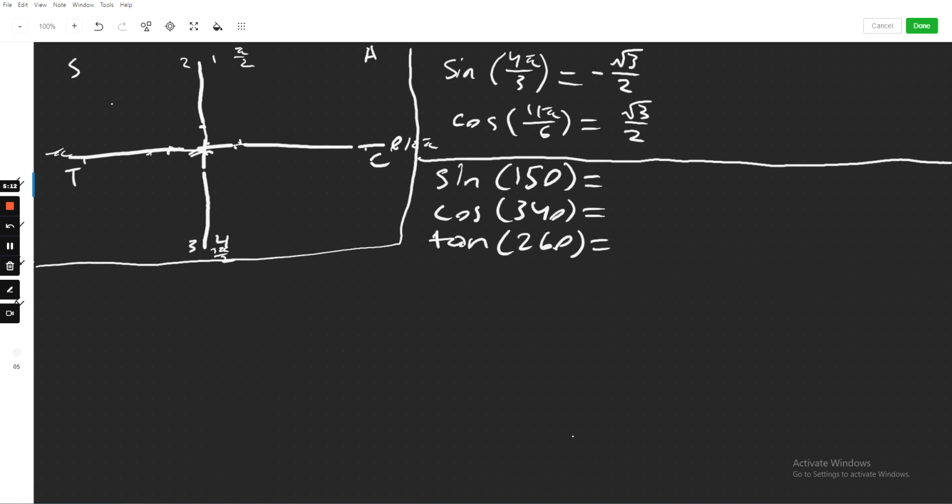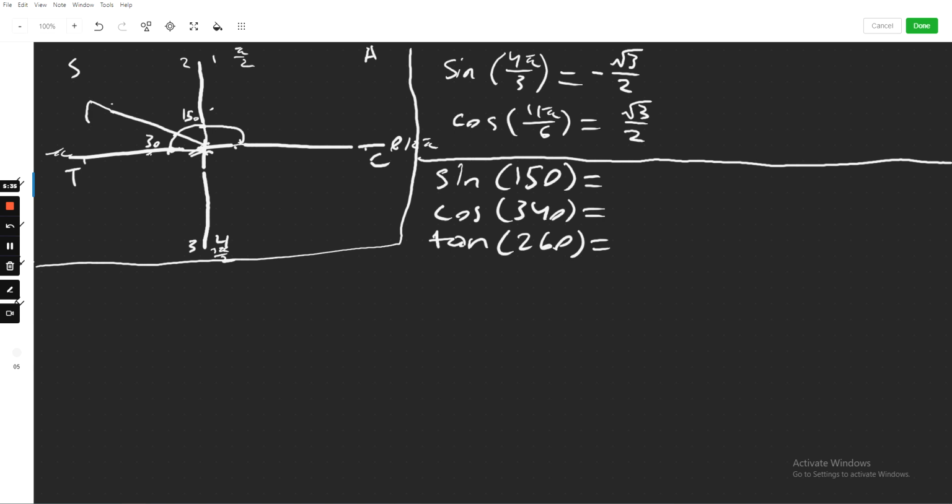Sine 150 will be, so this is 90, and this is an additional 60. What's left is 30. So we have 30 degrees here, and we have 150 degrees here. The terminal arm is in the sine quadrant. It is a sine ratio.